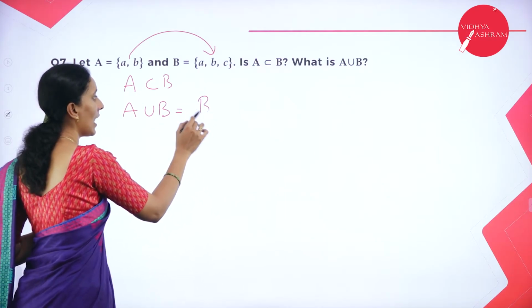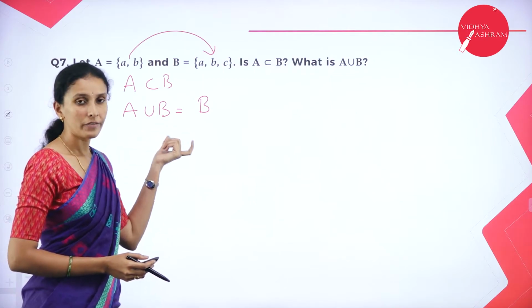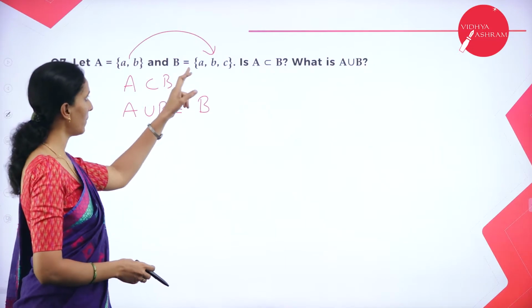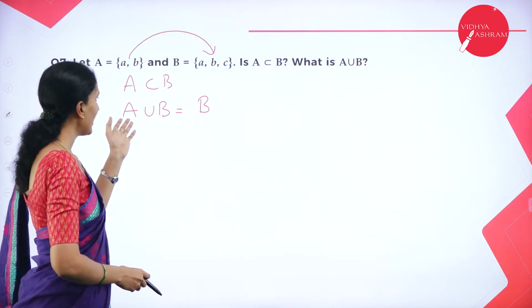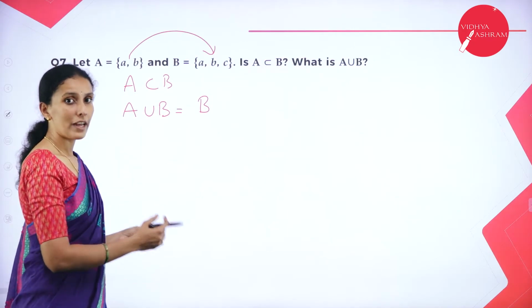It is B, the larger set. Whenever you take the union of a set and its subset, the answer will be the larger set. So here B is the larger and A is the subset. Therefore, your union will be B.